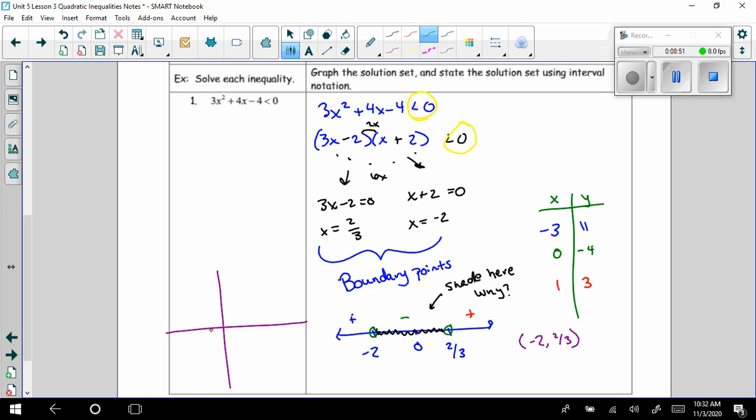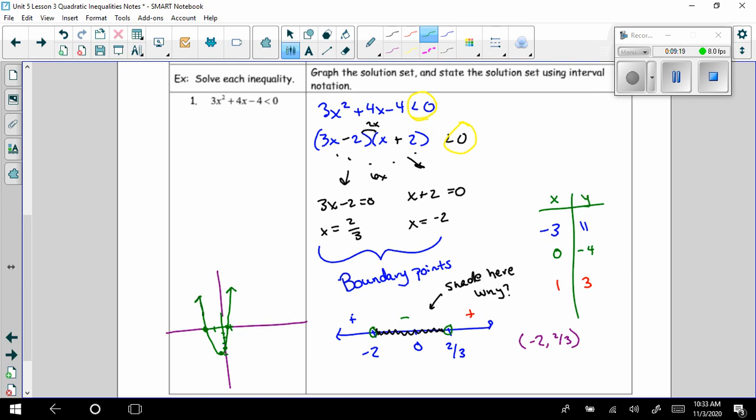Your x-intercepts are at negative 2 and 2/3, and there was a vertex somewhere down here by negative 5, on the previous page, and our y-intercept at negative 4. So we have something like this.